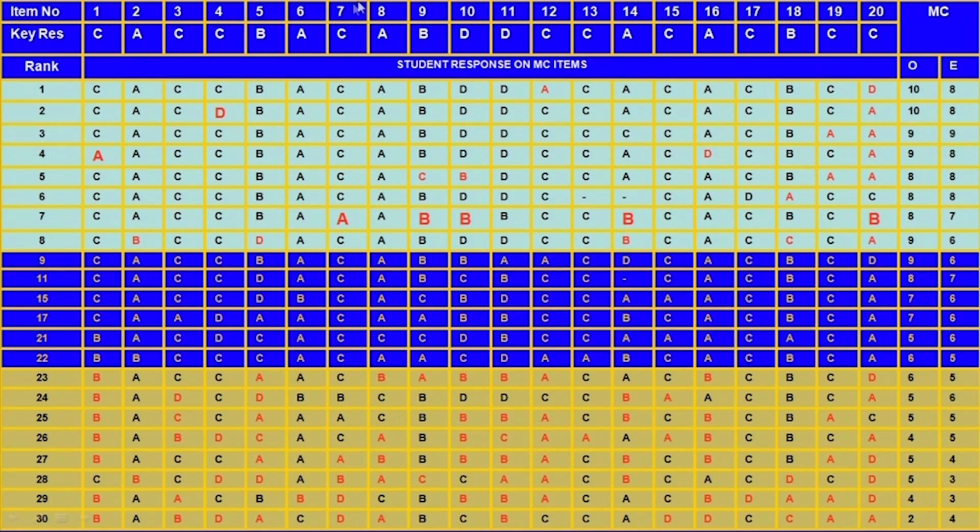Let us say question number 9, or test item multiple choice question number 9. It has 4 choices. B is the correct answer. A, C, D are distractors. Okay, we hope we have understood that.